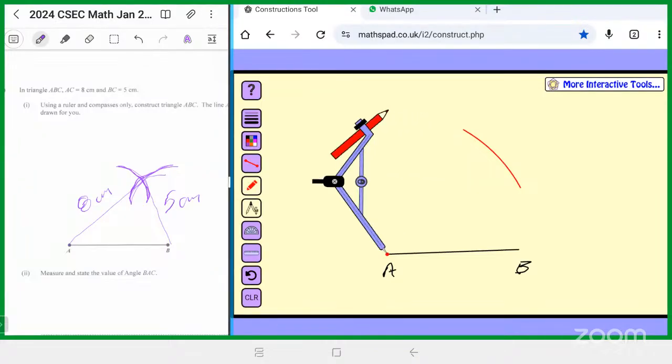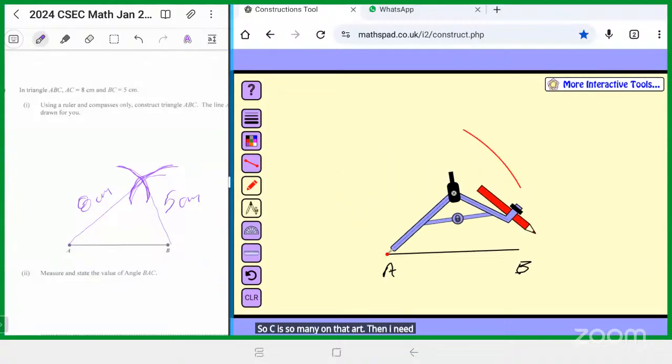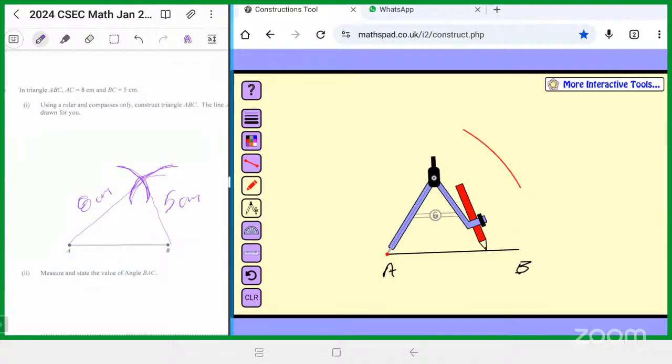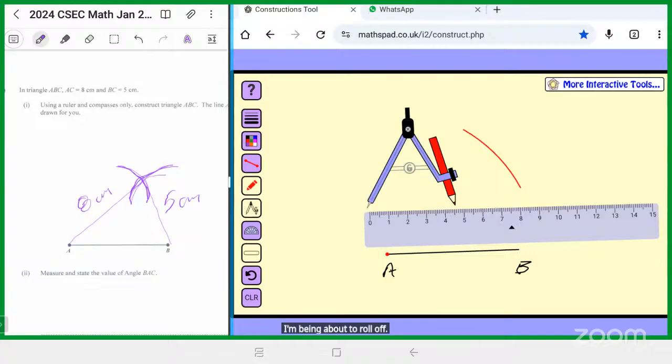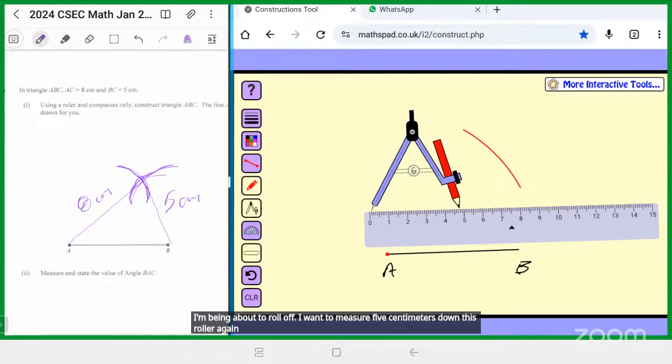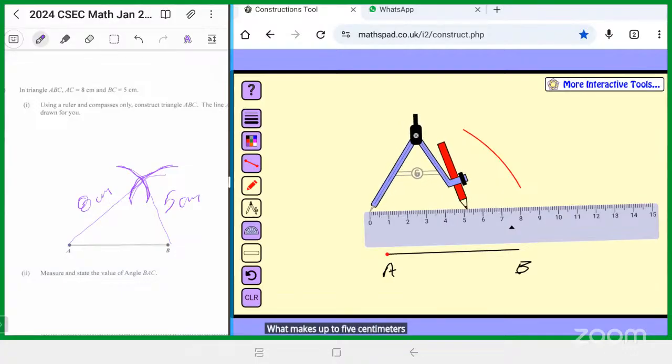Then I need 5 centimeters. I'm bringing back the ruler to measure 5 centimeters again. Open it up to 5 centimeters. Lock it. Move the ruler out of the way.